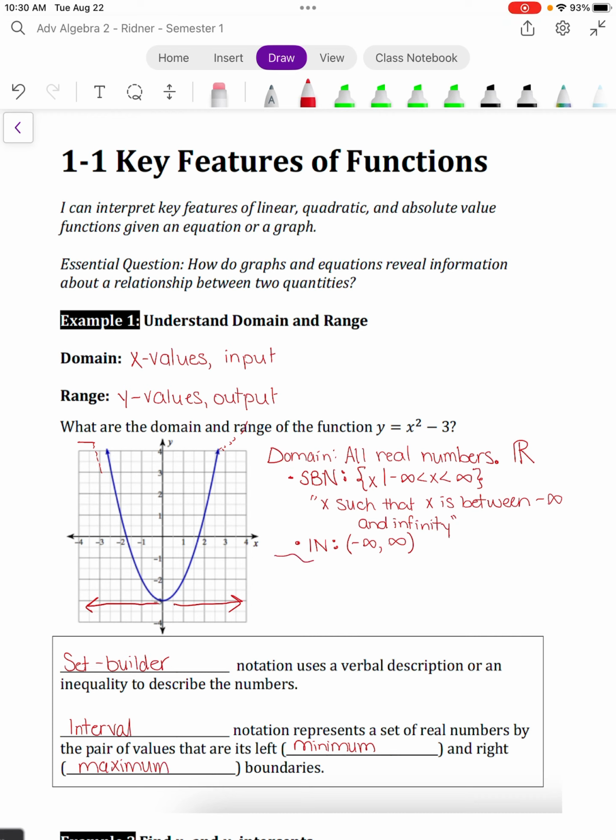So let's look at that in terms of range. Notice for range, you always want to go bottom to top. So for domain, it's left to right. For range, it's bottom to top.